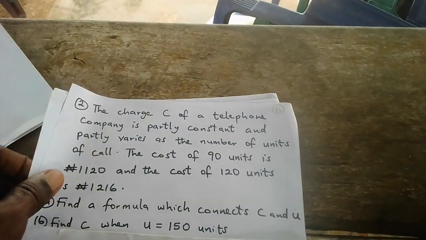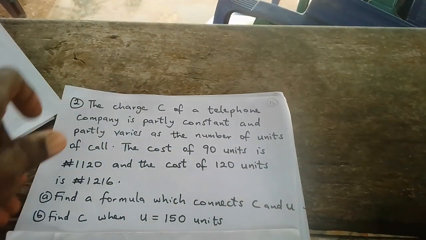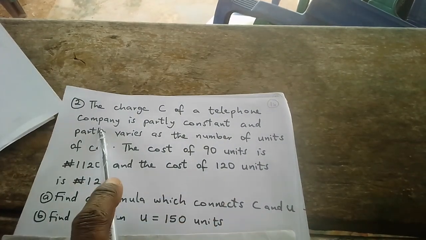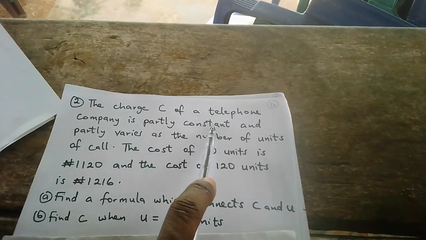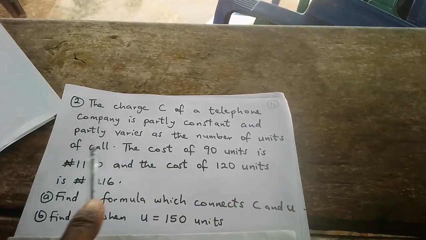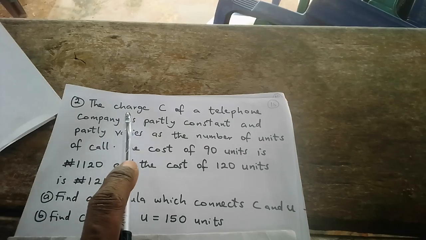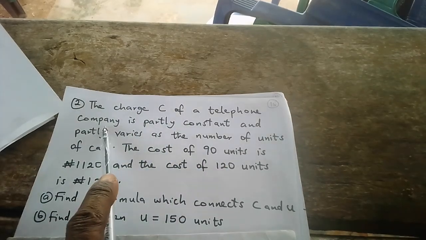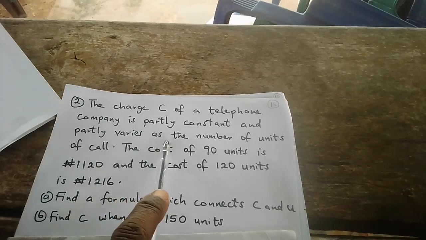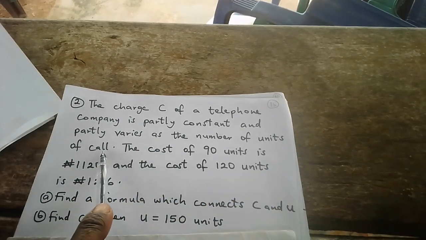Now, example 2. We were told that the charge C of a telephone company is partly constant and partly varies as the number of units of call.